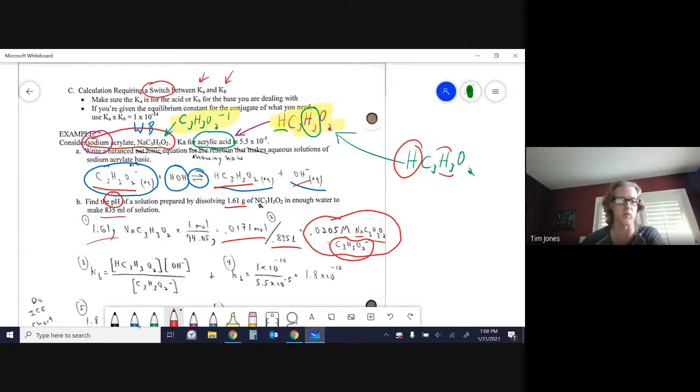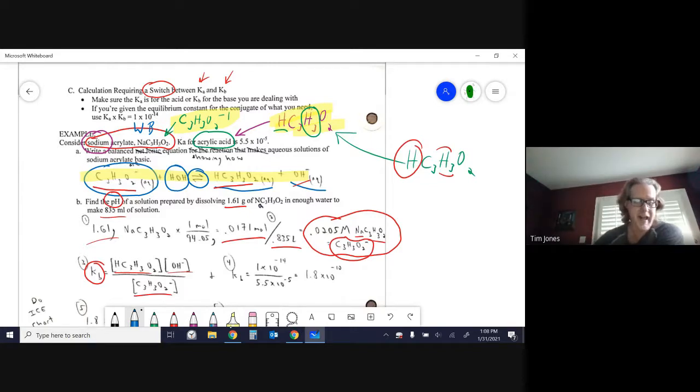It's a base, so write a Kb expression. So weak base on the bottom. There's my conjugate weak acid and hydroxide. This equation comes from what I have up here, this one here. So we didn't really need to be told A, but it was a nice way to guide us into this.